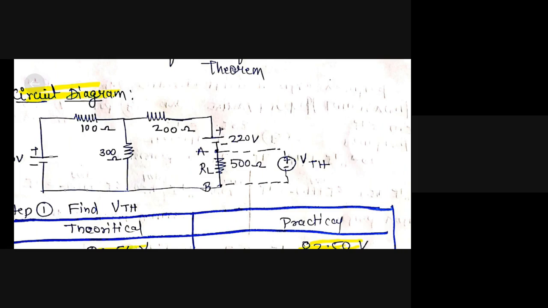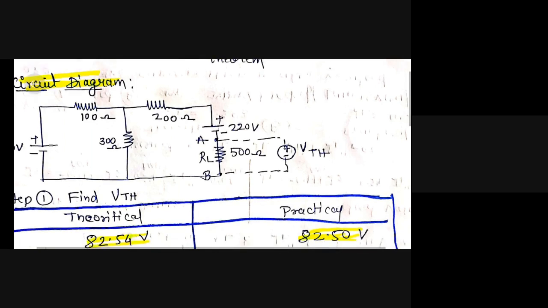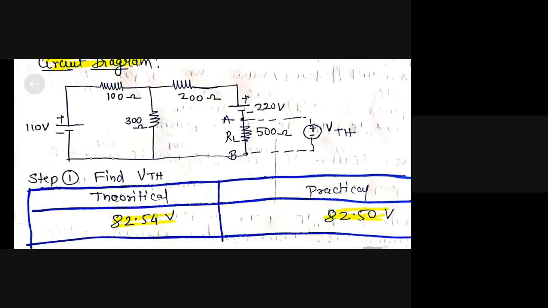Across points A and B, if you place a voltmeter, you will get the value of VTH. So VTH is nothing but the voltage across the load resistance. Theoretically we have calculated the value as 82.54 volts.